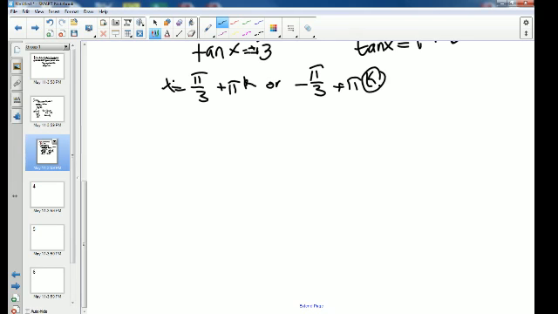So there are no real solutions from the second factor, because 1 plus tan squared x is greater than or equal to 0.